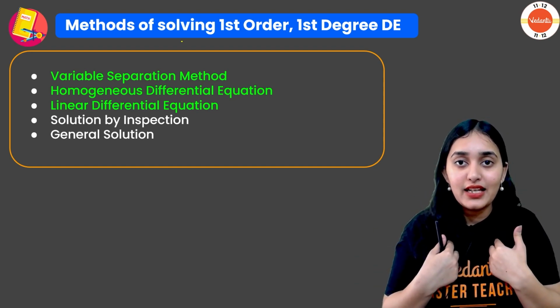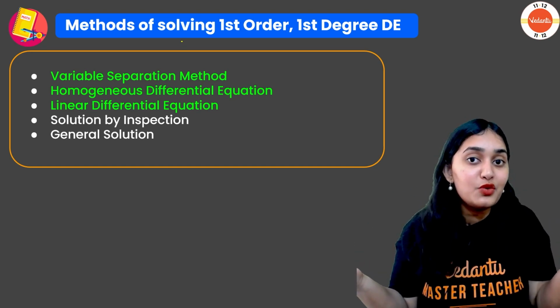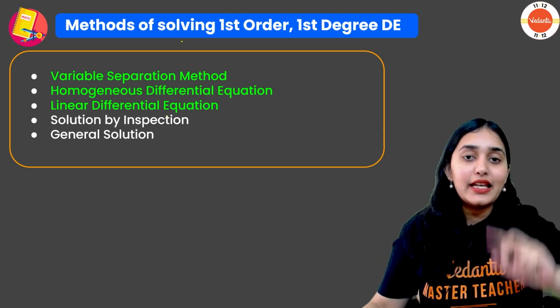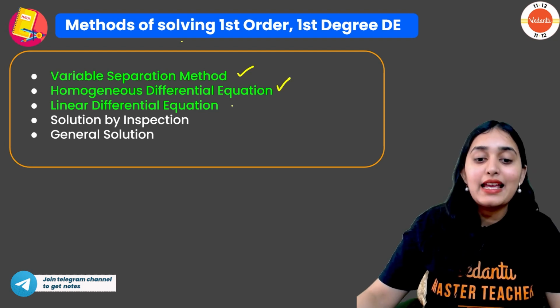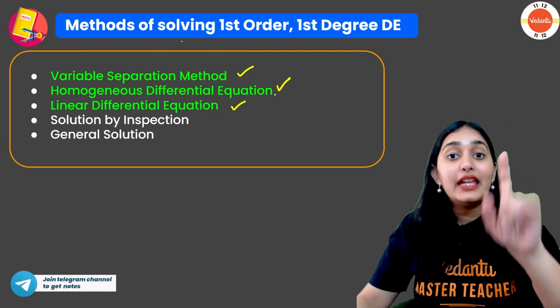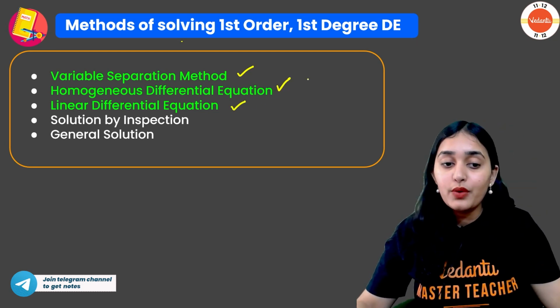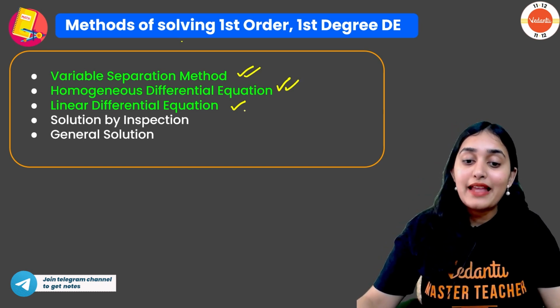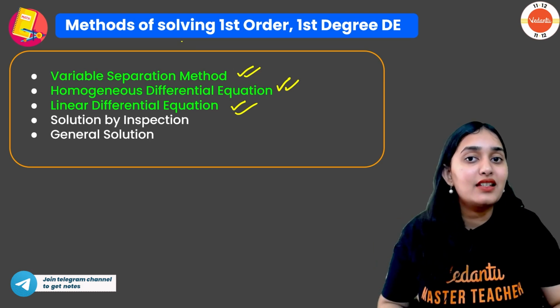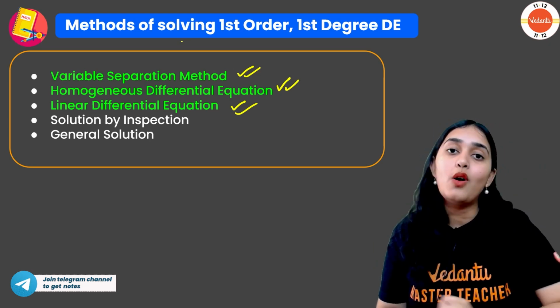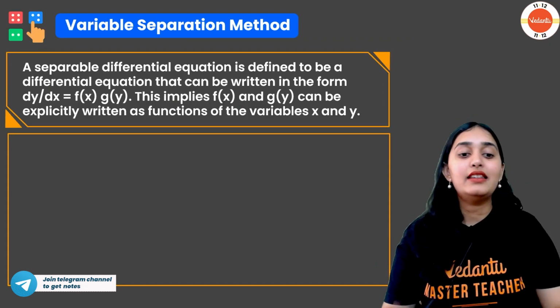I have a differential equation, but how will I find out the solution? That's what we are going to learn. There are 3 methods: variable separation, homogeneous and linear differential equation. In your exam, in the past few years, all these methods have been asked. Each and every method has been asked in the question paper. So you should know all the methods. Let's learn them one by one.